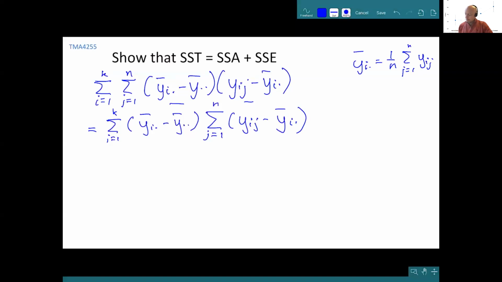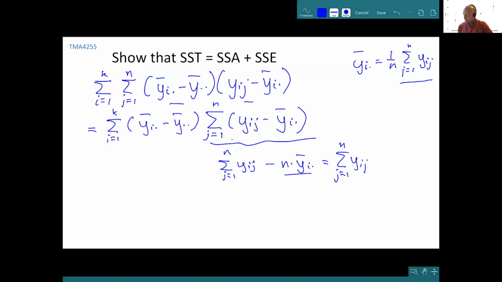And this means that we can also write things differently. So what do we have here? Well, this is the sum over y_ij, and then minus n times this sum. And n times this sum is just the sum here. So this is then the sum over y_ij, and then actually minus this sum, which is 0.